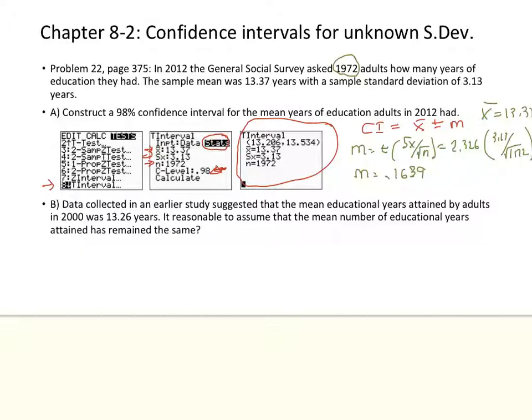And so our confidence interval is going to be 13.37 plus or minus 0.1639, and essentially we end up with this result here when we do the calculations for a lower and upper bound.